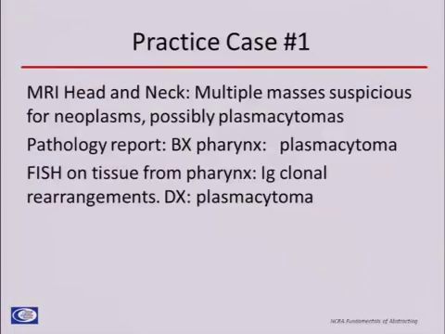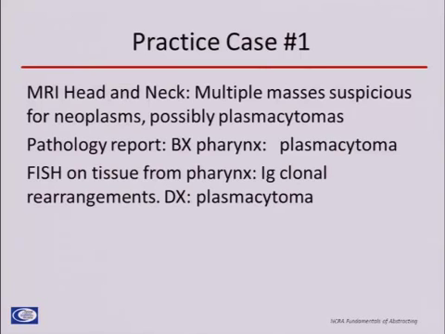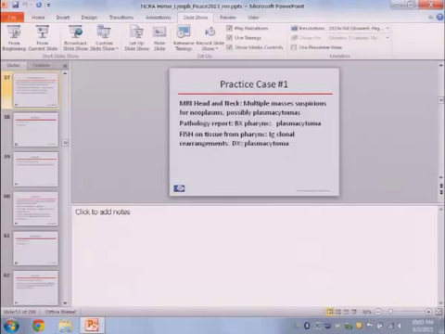Okay? So what we're going to do here is figure out what the primary site and the histology is by using the database. Going back again, let's look at plasmacytoma. Let's see if I still have it open.